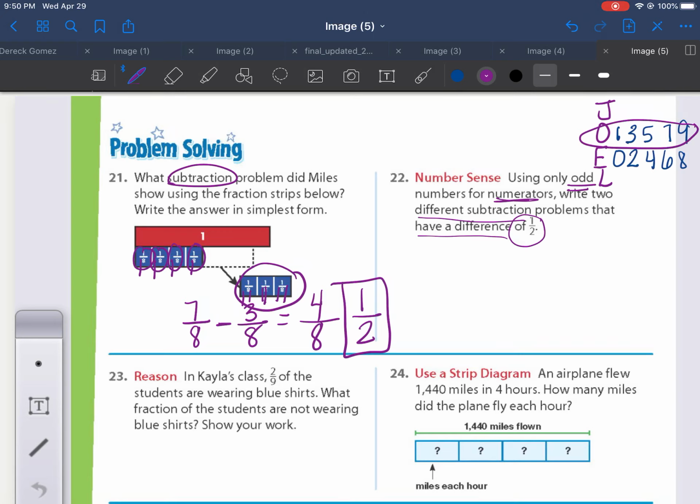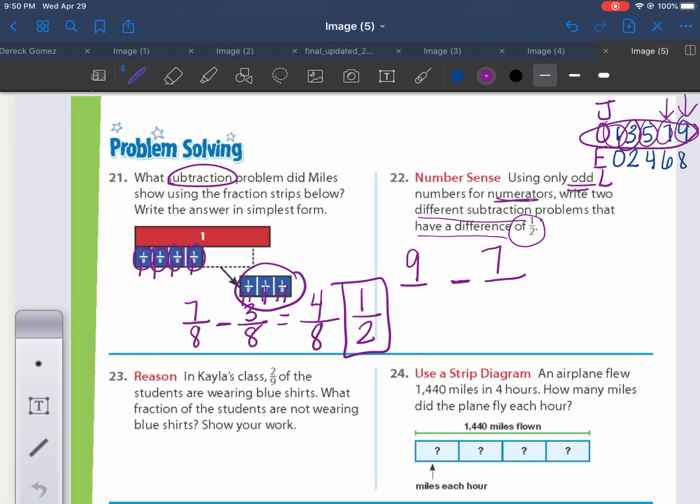So we're looking for numerators that are going to be odd. And they want me to find two subtraction problems that have a difference of half. So if you notice, using odd numbers, we can use 3, 5, 7, 9, or 1. I'm going to use the big one, which is going to be 9.